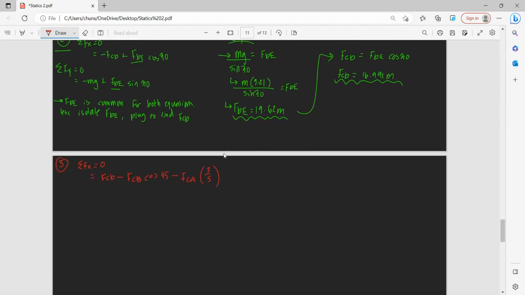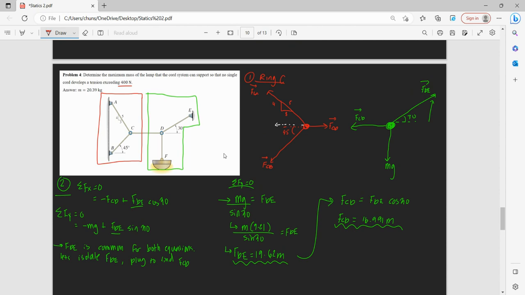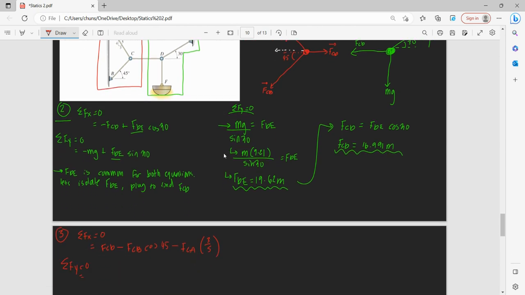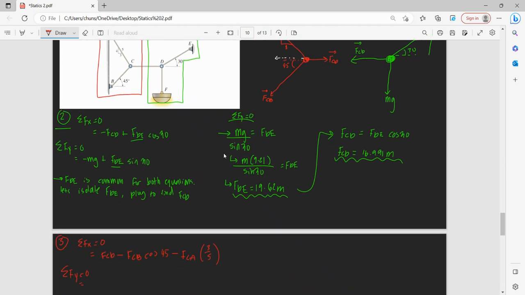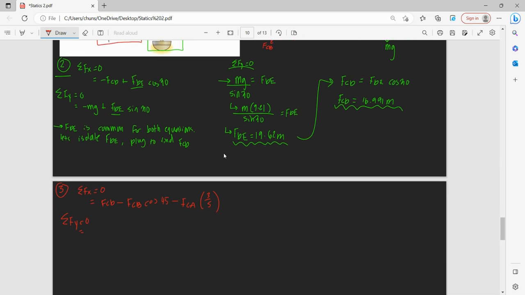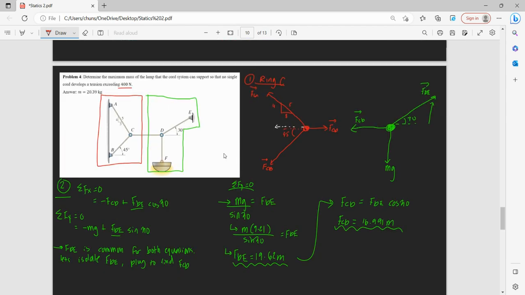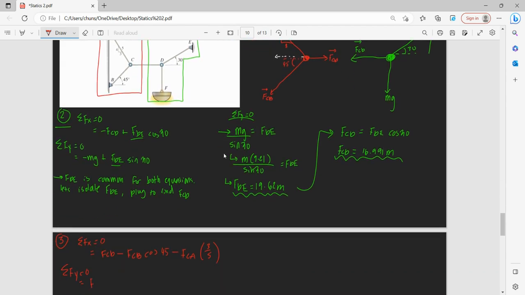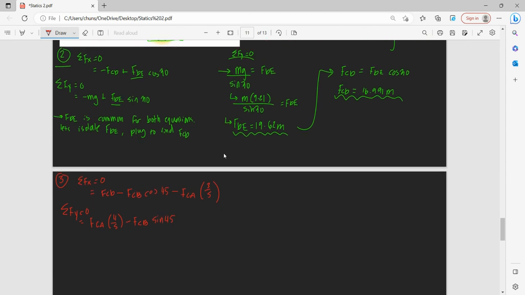All right, and then for our Fy equation, we have both positive and negative. So we have positive FCA and we have minus FCB sine 45 equals 0.